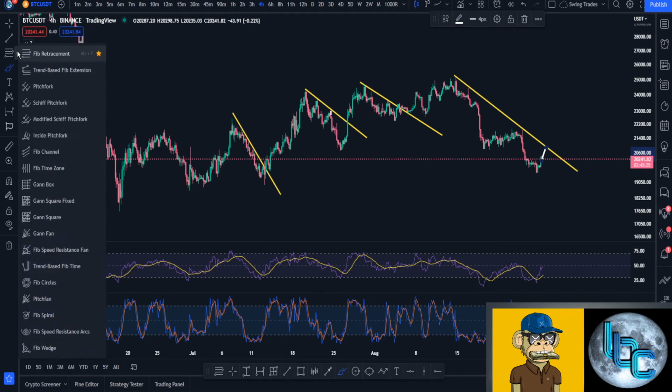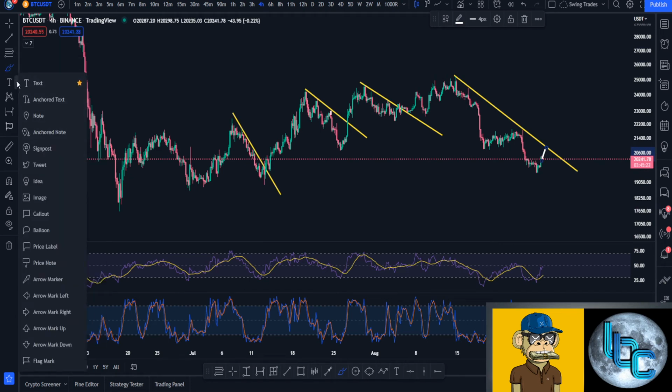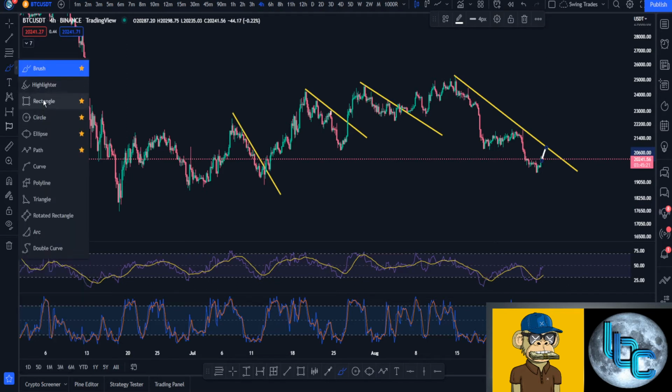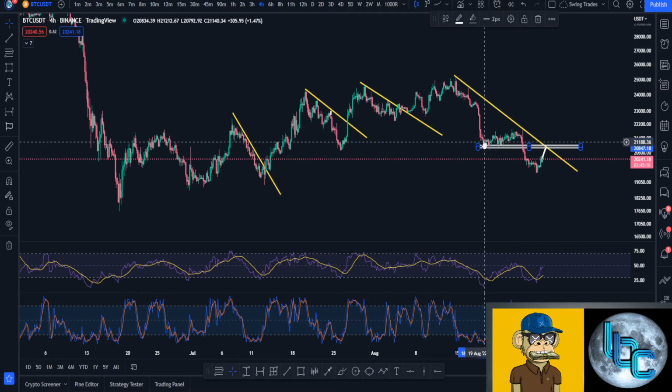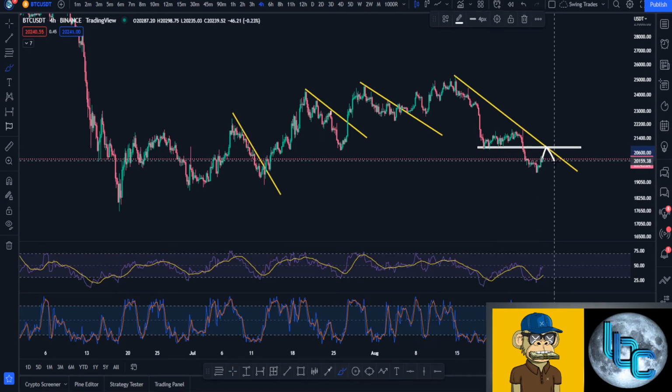So it comes up to right here, right? Where we had previous support and then we fell through it. And now we could come up and test it for resistance before getting rejected again.